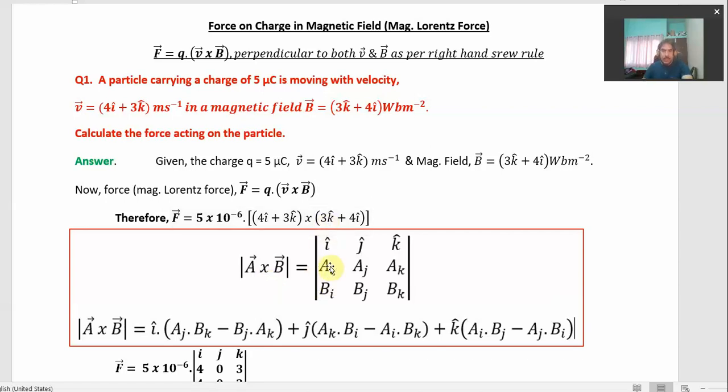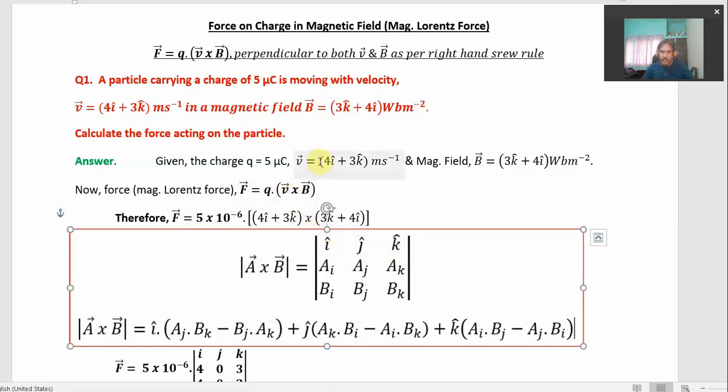So we write A cross B in this form, a 3 by 3 matrix. In the very first row we write i, j and k. In the second row we write the values of i, j, k of the first vector, which is V here, in terms of its i component, j component and k component.